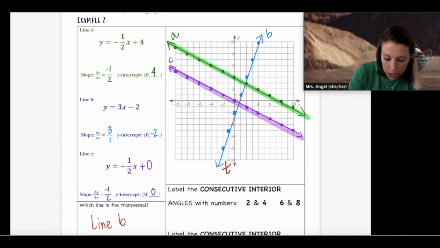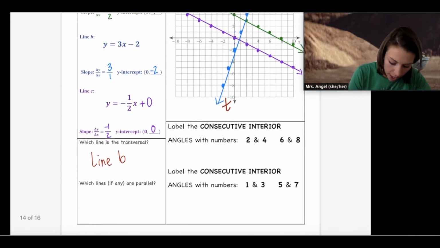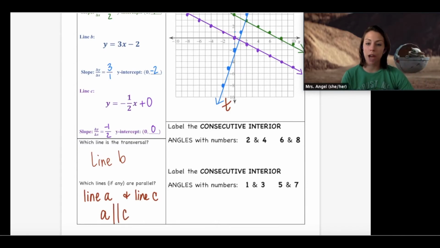The slope of line A is -1/2. And the slope of line C is also -1/2, so these lines are parallel. So we have line A and line C. We're going to use our notation. We would just do a lowercase a is parallel to a lowercase c. Those are our parallel lines.